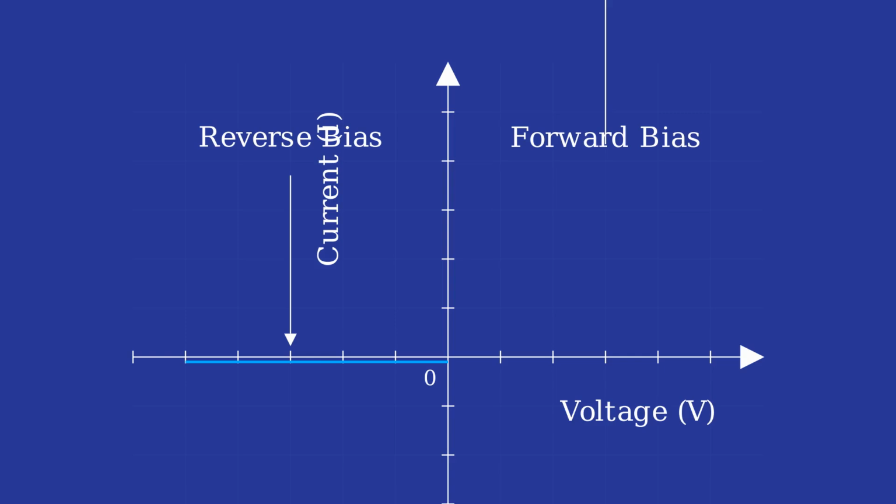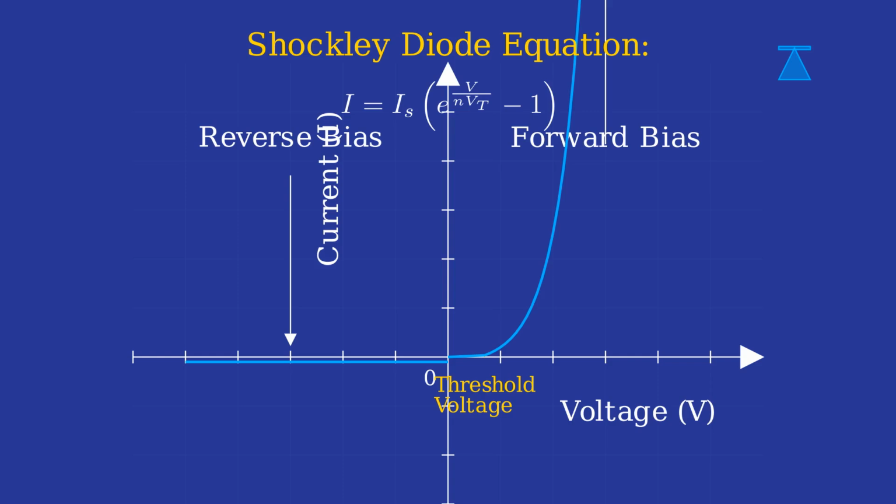In reverse bias, where the voltage is negative, the diode allows only a minimal leakage current to flow. In forward bias, once the voltage exceeds the threshold voltage, the current increases exponentially. This behavior is characteristic of diodes, which allow current to flow easily in one direction but block it in the other. The Shockley diode equation mathematically describes this nonlinear relationship.